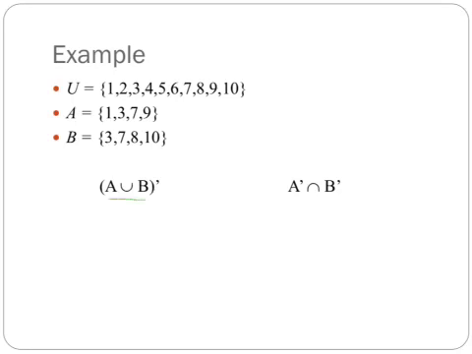So A union B becomes the sets put together, 1, 3, 7, 8, 9, 10. Then we have to consider this complement right here, thus giving us 2. So whatever numbers are not in green but are in the universal. 2, 4, 5, 6, 7, 8, 9, 10.